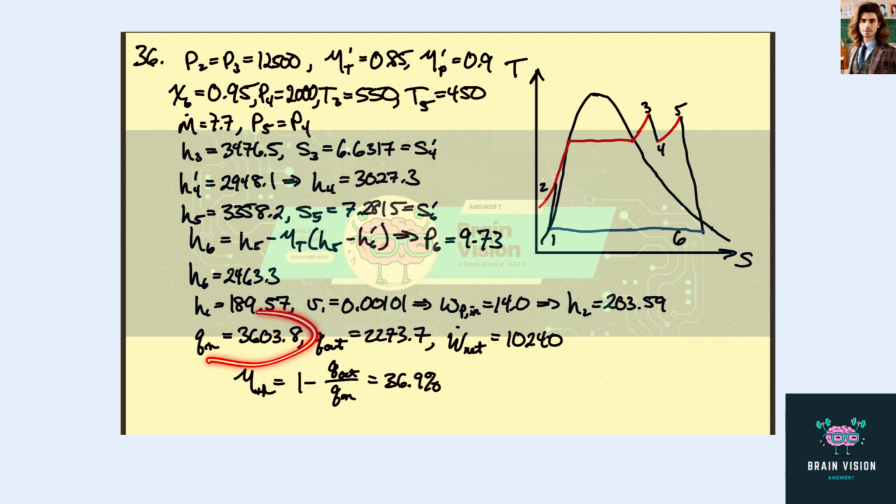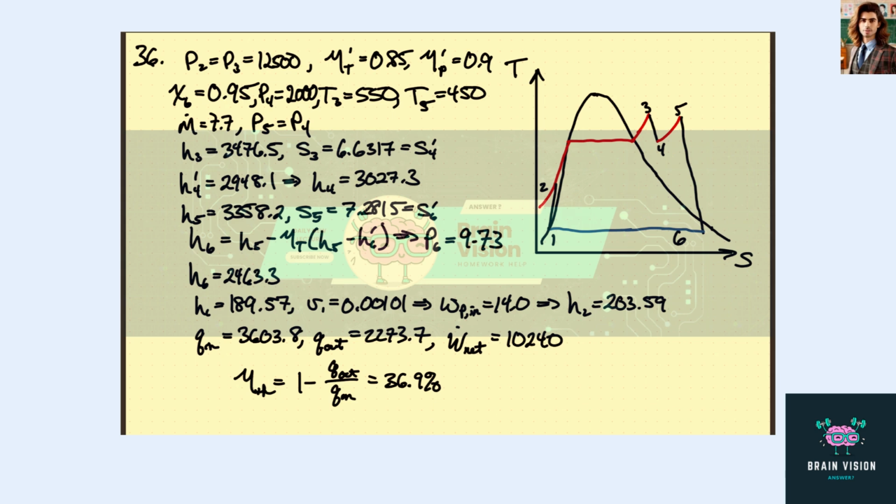For a control volume around the boiler, the specific heat in is the enthalpy at 3 minus the enthalpy at 2, plus the enthalpy at 5 minus the enthalpy at 4, which is about 3,600 kilojoules per kilogram. Heat out, enthalpy here minus enthalpy here, is about 2,270 kilojoules per kilogram.